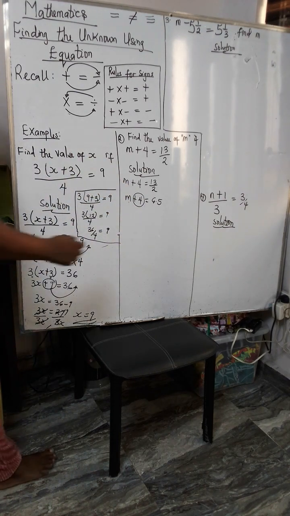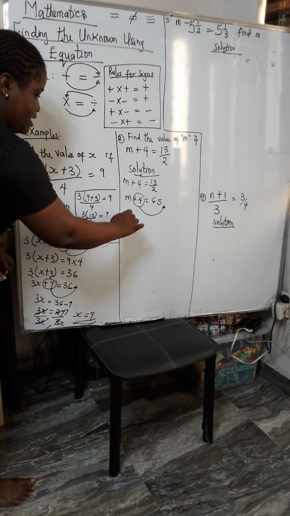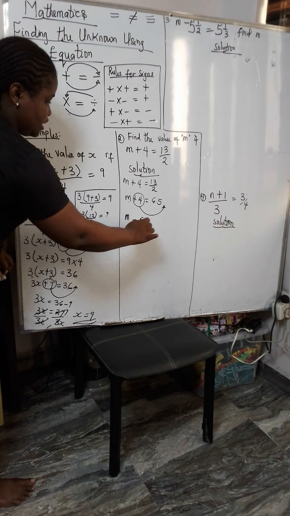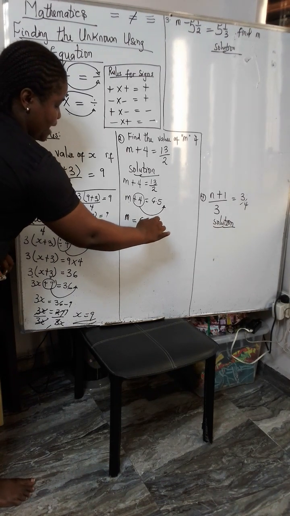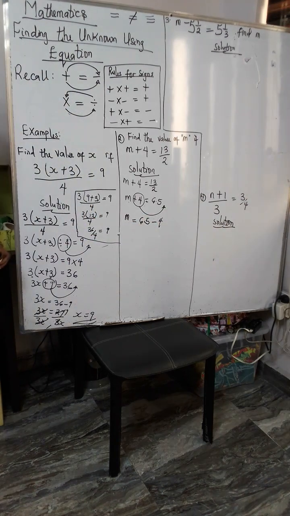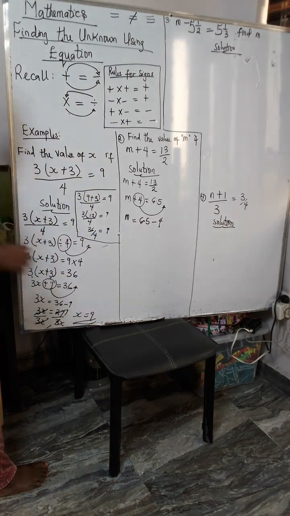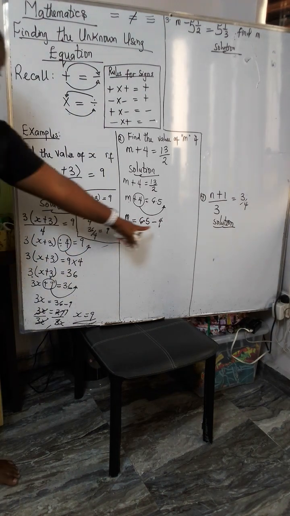It makes sense. So this is going to cross over, and we have m here to be equal to 6.5 minus 4. It is minus 4. This is not 65. This is 6.5. It is 6.5 minus 4.